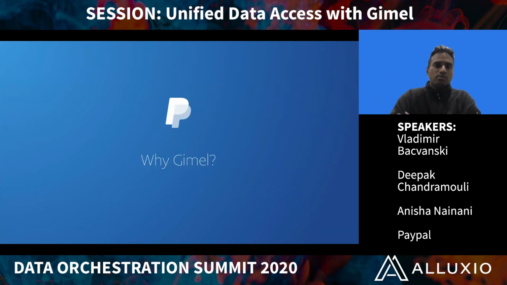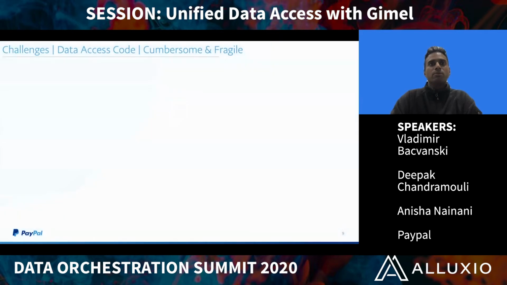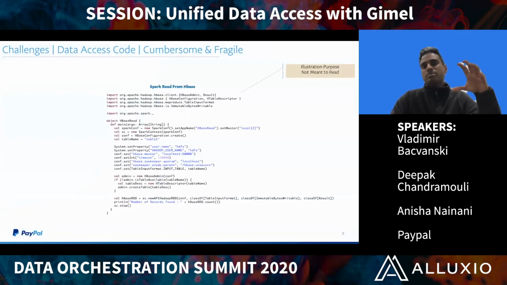So just to give a simple example, if you think about accessing data in a big organization with so many different technologies, it's really cumbersome and fragile. Here's a simple example, not to go into the details of this code here, just a technology like HBase. To write code to access data, you have to work with something like this, what I'm showing on the screen.